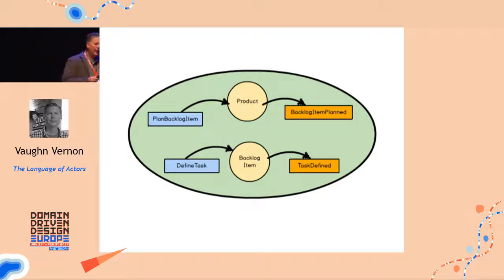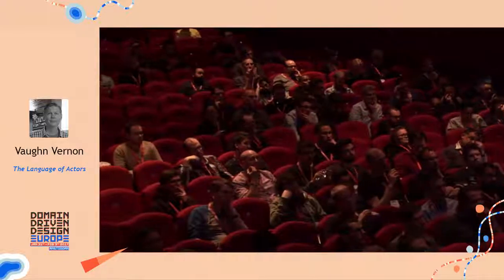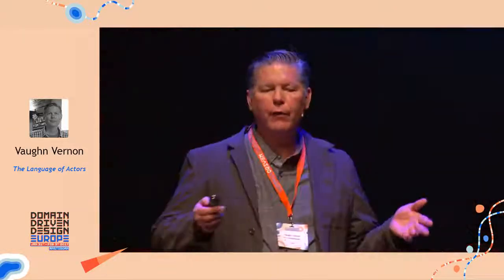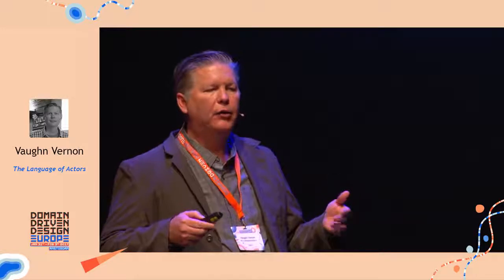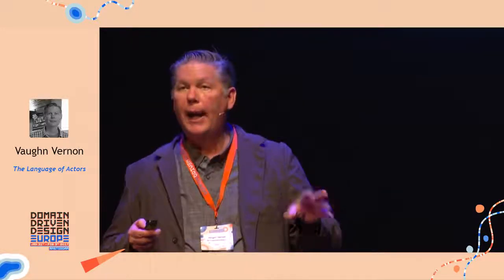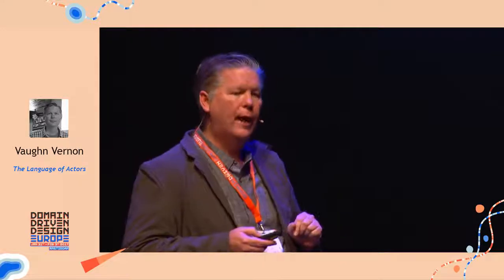And again, I'll get into some implementation details in a moment where you have the opportunity to leverage other forms of development inside the actor, but essentially, this is what I'm referring to as expressing your ubiquitous language. And domain experts can understand this.